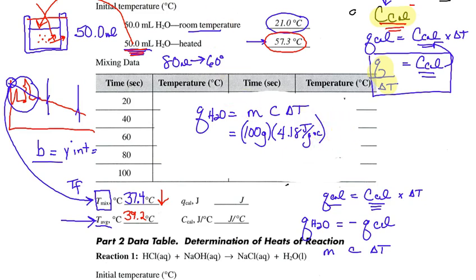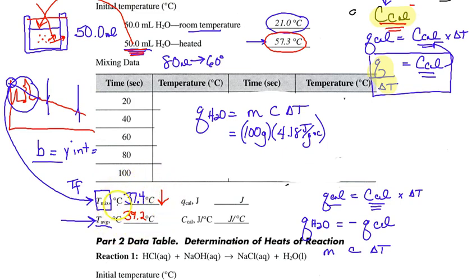Now the temperature change, this is a little bit different. What's the temperature change that gives us an idea that energy was absorbed or released by the container? Well, right here, party people.